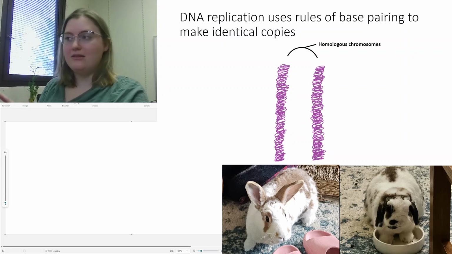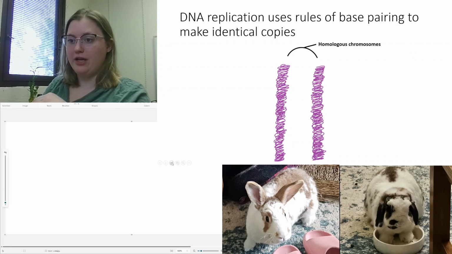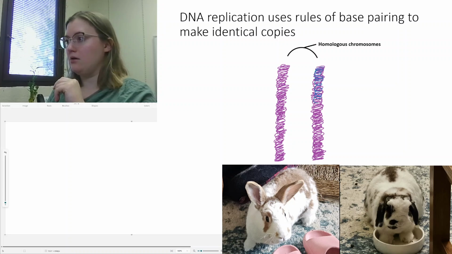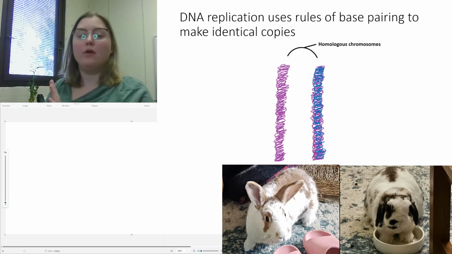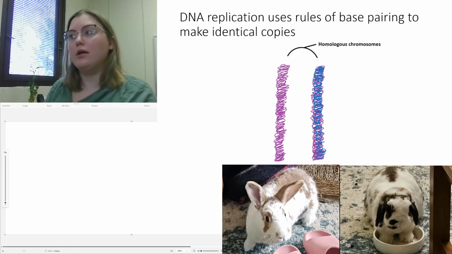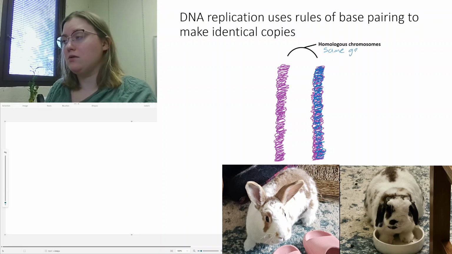In this situation, I'm going to change the color of one of our chromosomes because it was a little confusing for my other class. So we're going to make this one blue, okay? So these are two homologous chromosomes. Homologous means that they have the same genes, but different versions.